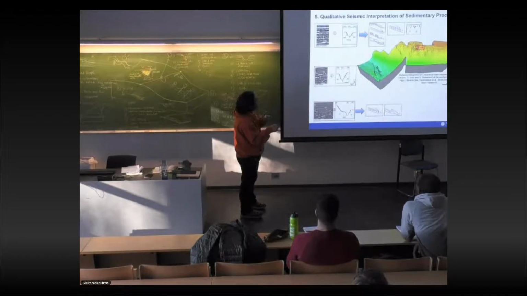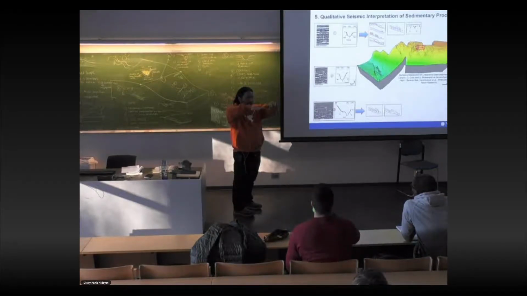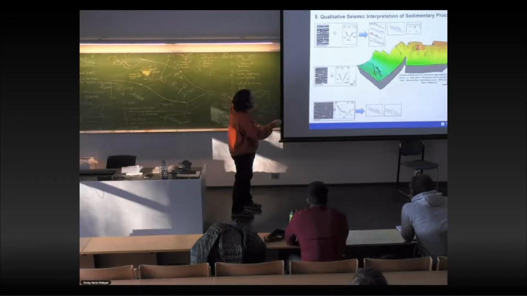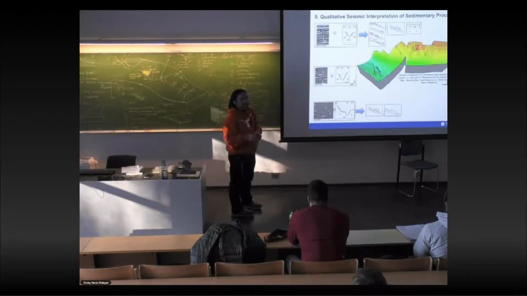Why did I say that before? Because you see this conformable reflection element, it's like topping your canyon after everything is filled, right? This bend is because of differential compaction, because this one is lower than this one. So normally you should have something flat like this. This flat and continuous part is because of pelagic mud.